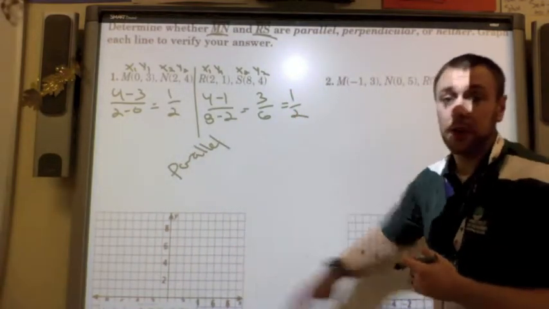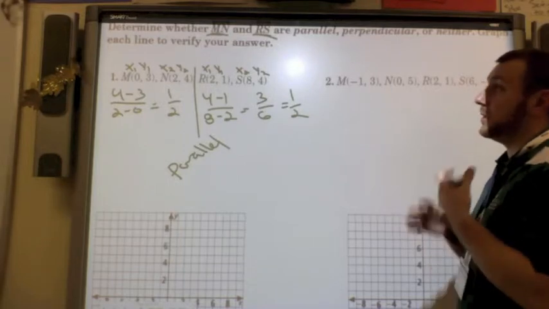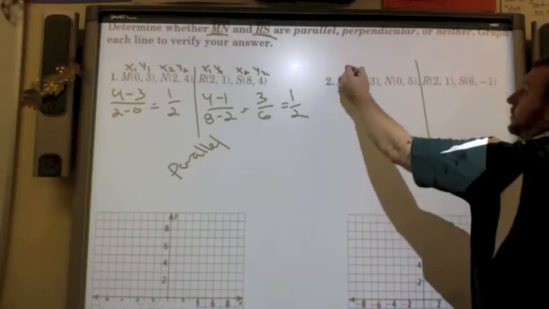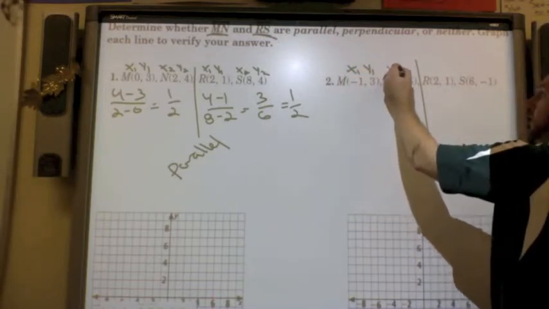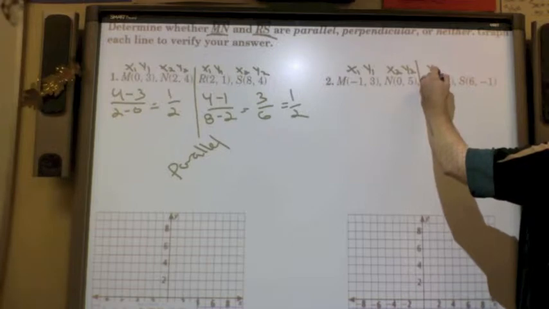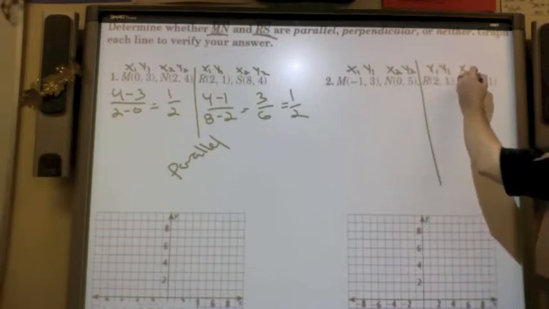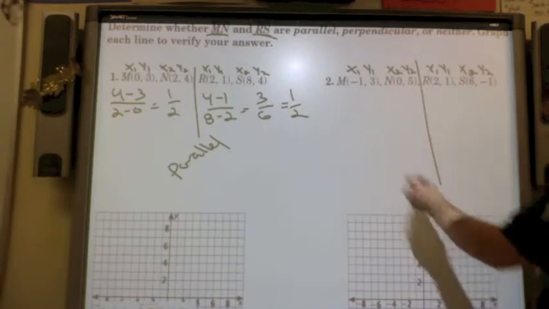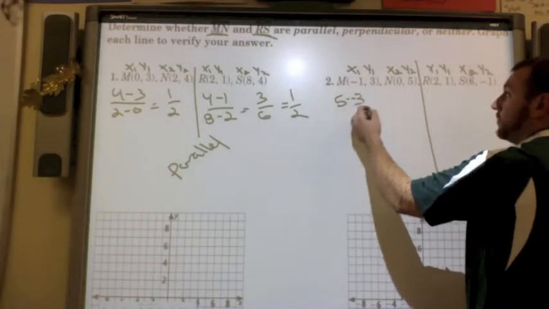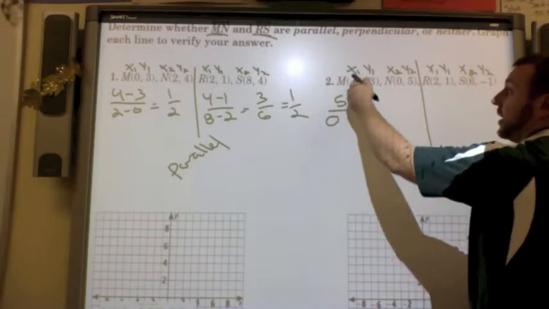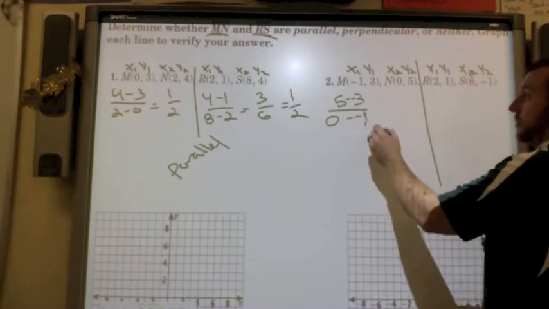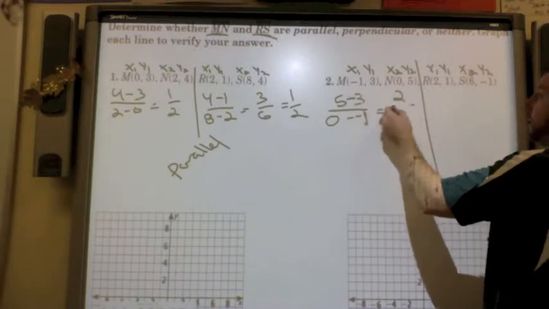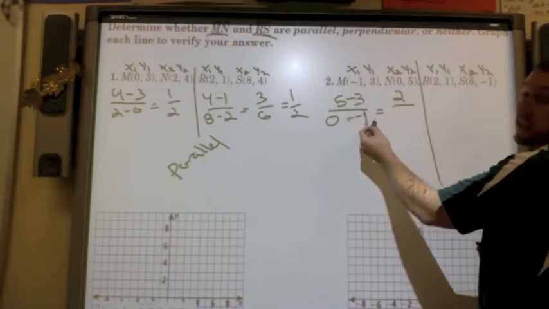And I can graph those and verify that answer. Here, same thing. x1, y1, x2, y2. I do the slope between these 2 points. 5 minus 3 over 0 minus a negative 1. 5 minus 3 is 2 over 0 minus a negative 1.